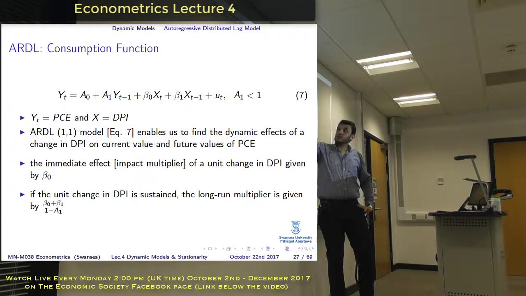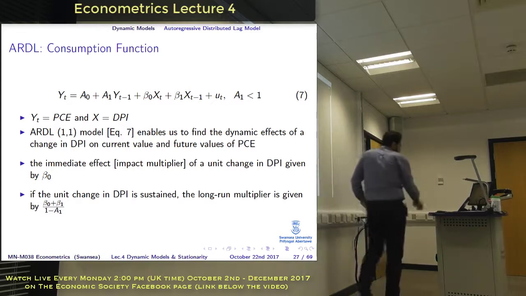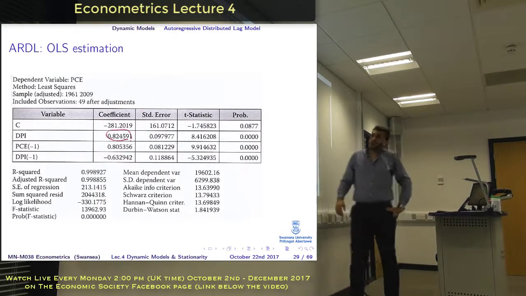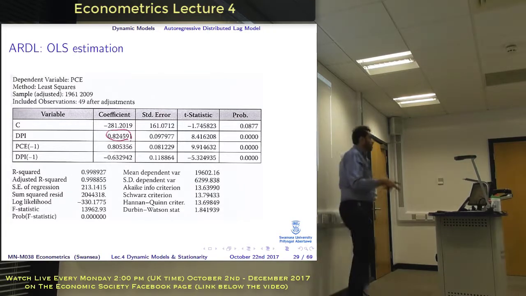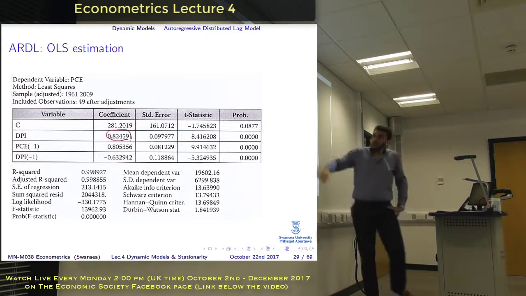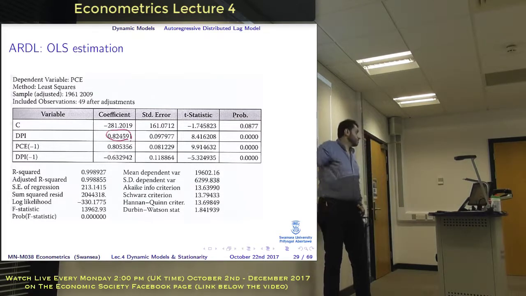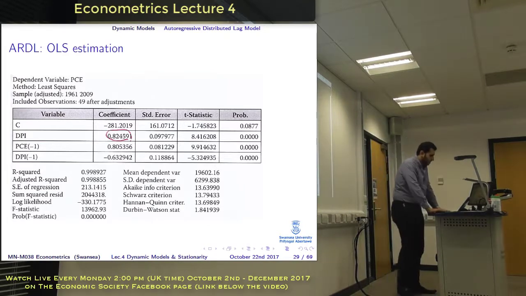So this one plus this one divided by 1 minus A1. A1 here is the coefficient of the lagged dependent variable, which is here, 0.805356. So this is the estimation of A1. So it should be this plus this divided by 1 minus this. That should give you the long run impact of a unit change in income.